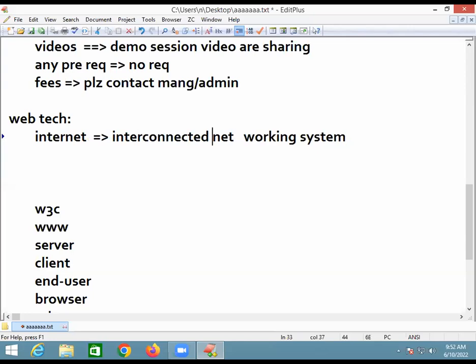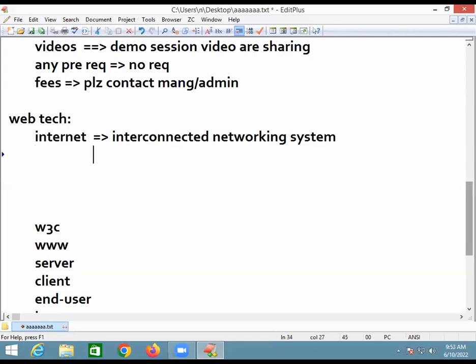So Interconnected Networking System is simplified as Internet. This is one full form. Another full form is also available, sir: International Networking System. Somebody calls it like this also.